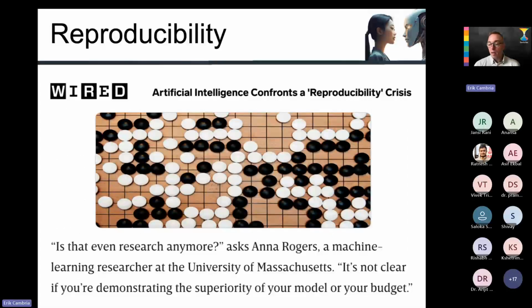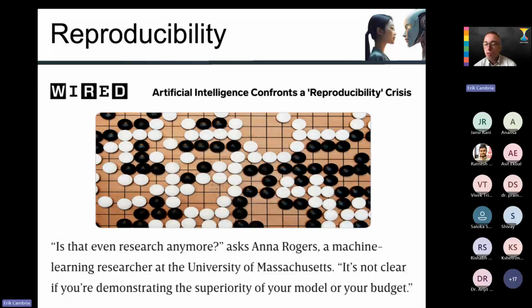Another issue that is coming up with all these bigger and bigger models is that they are sometimes not reproducible. The core pillar of scientific research for the last 100 plus years has been that I come up with an idea, I implement it, I write a paper or a letter about it, and then anyone can replicate these results.